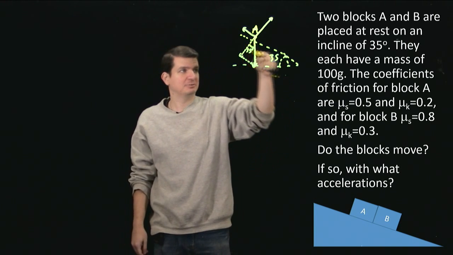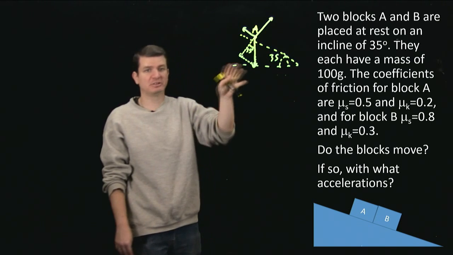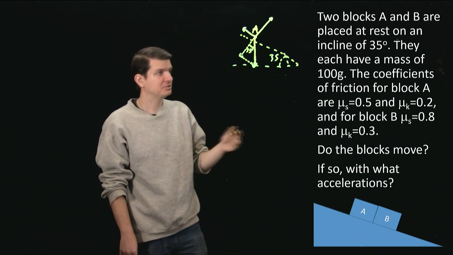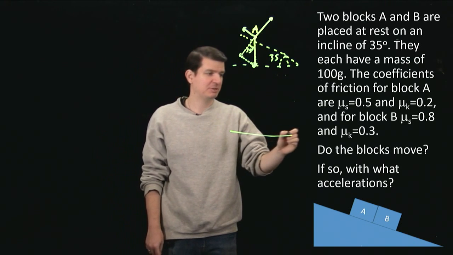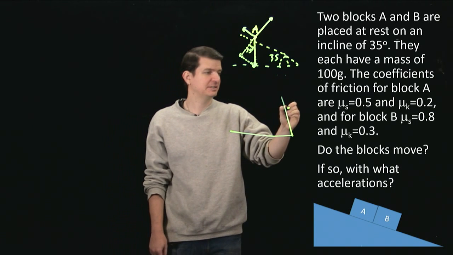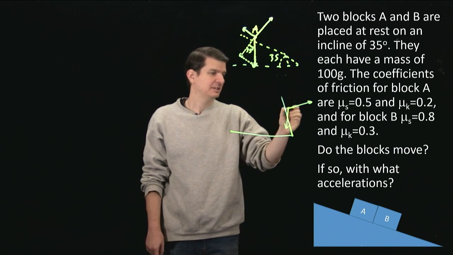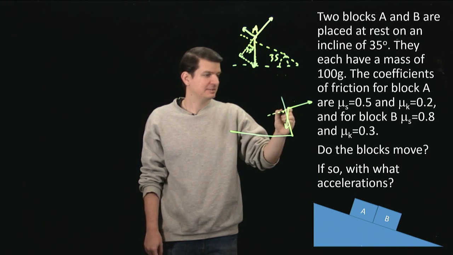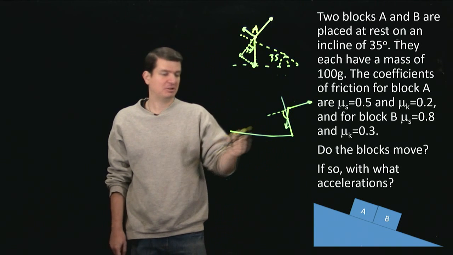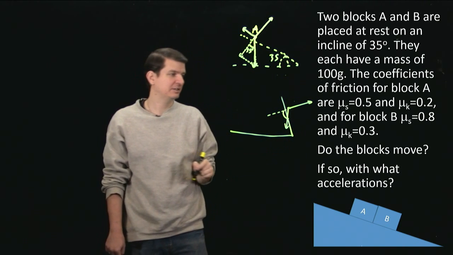So I know that this angle must be the same as that one. If you're ever not sure about these things, you can just imagine what happens if I make the incline really big. Well, then when I draw this thing, that would be the normal force, that would be gravity. I can see that it's indeed this angle, which has also become really big as I made the incline big.